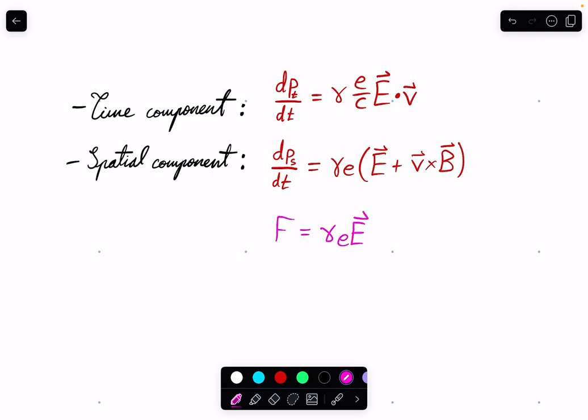This would be the electric force, but then the magnetic force would be equal to gamma q v cross B. So when you add these up, you get the total spatial force, and then here is the change in its momentum through time, which is just the same thing as saying it's change in energy, essentially. So this gives you the change in energy of a relativistic charged particle, and this will give you its acceleration, or its equation of motion.